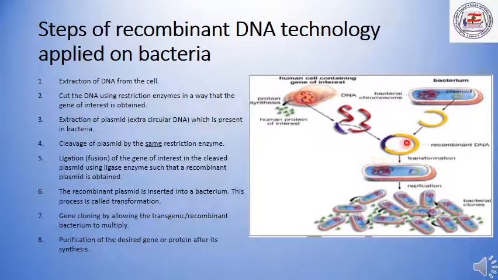Step number 6, the recombinant plasmid is inserted back into the bacterium. This process is called transformation. Step number 7, gene cloning by allowing the transgenic or recombinant bacterium to multiply. Step number 8, and the final step, is purification of the desired gene or protein after its synthesis.